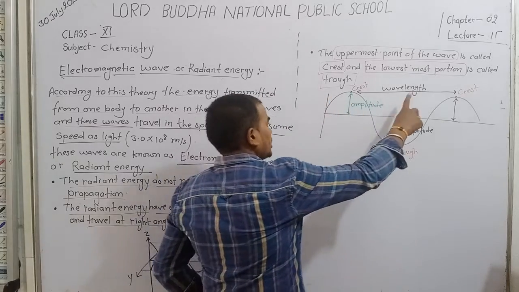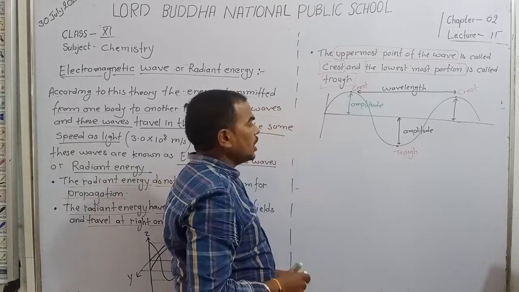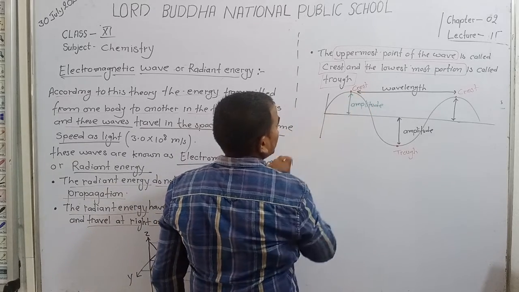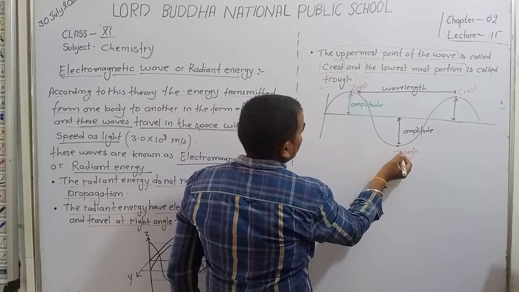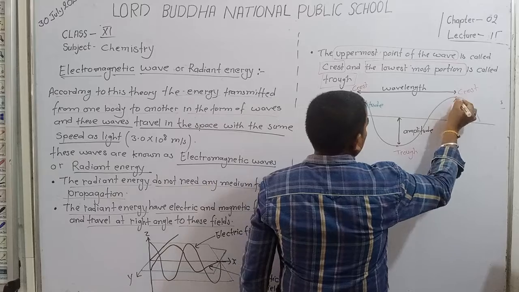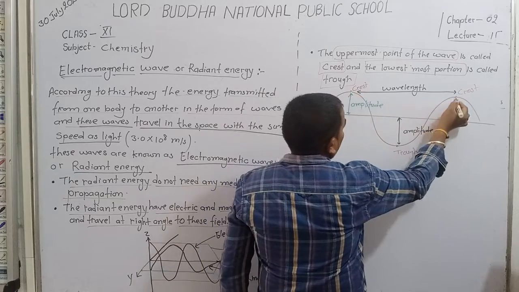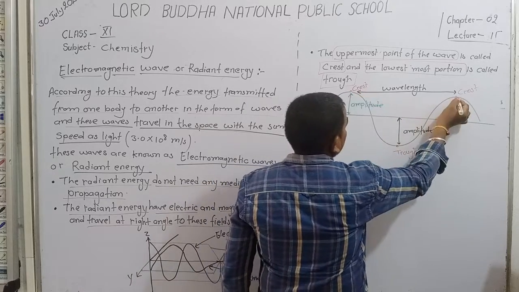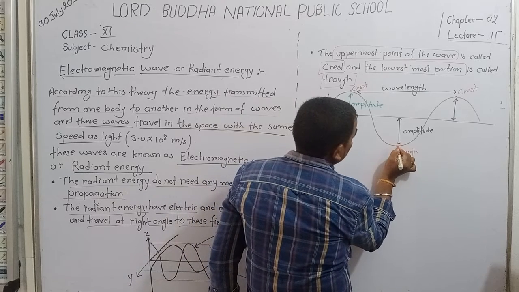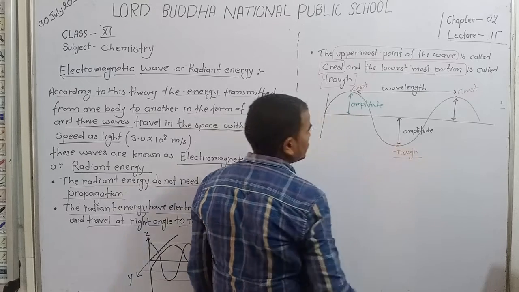Here a wave is represented. In this wave, the uppermost part is here, the lowest part is here, and the uppermost part is here. The uppermost portion of the wave is known as the crest, whereas the lowest portion is known as the trough.